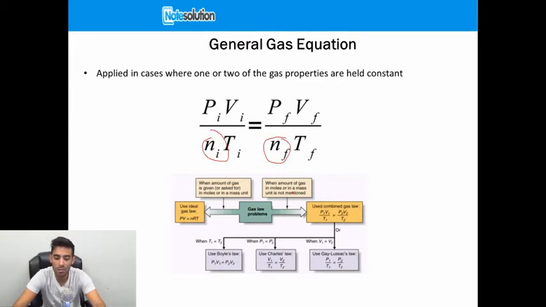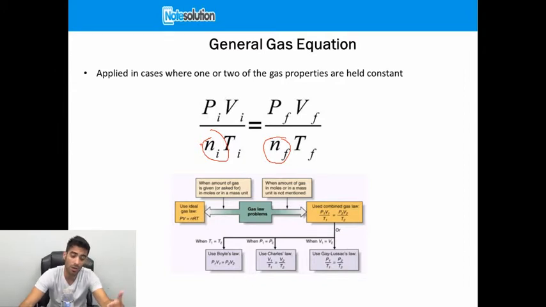Well, when the number of moles doesn't change when you change the pressure and temperature, it's held constant, so it's not required here because it cancels out. Now, if pressure is constant, we use Charles' law, which is V1 over T1 equals V2 over T2. And finally, if the temperature is constant, we use Boyle's law, which is P1 times V1 equals P2 times V2.